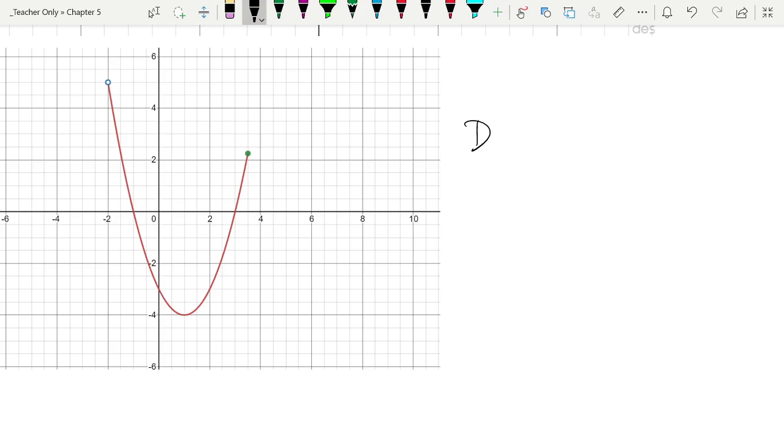And you should still be able to tell me domain and range. So I'll give you a sec, see if you can figure out its domain and range. Can you see the difference between the two dots from where you're sitting? This guy's solid. This guy's open. All right, go for it. Tell me domain and range. I'll give you a sec.